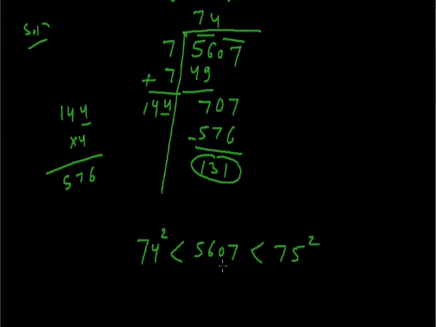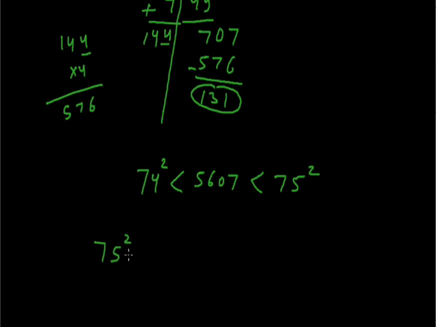So 75 squared is definitely greater than 5607, and the square of 75 is 5625. So our question is, what should be added to 5607 so that it becomes a perfect square?